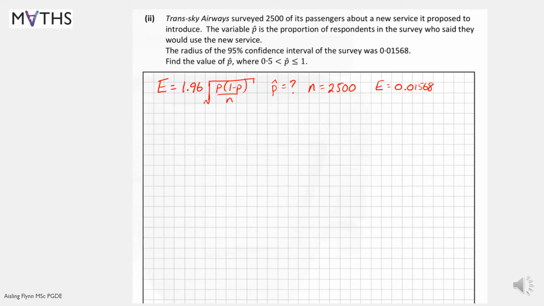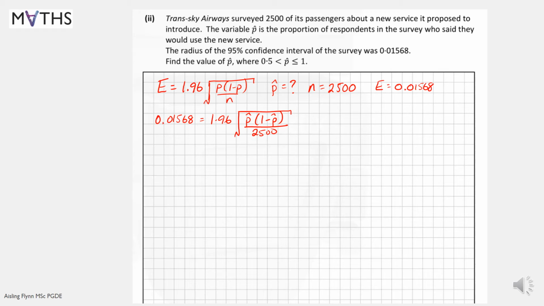So substituting in our information, 1.96 times the square root of P-hat times 1 minus P-hat over 2,500. Now we've got an equation with just one unknown variable, so we should be able to solve it. Let's work through that.